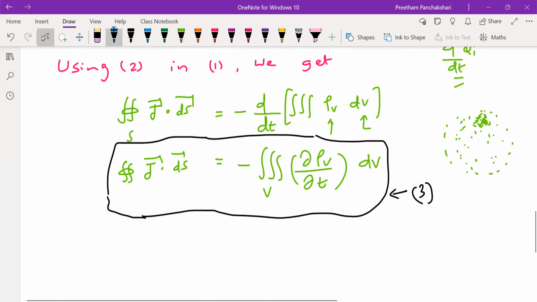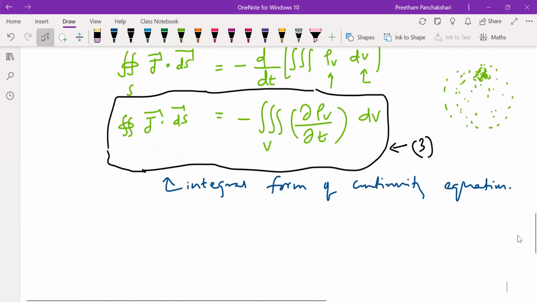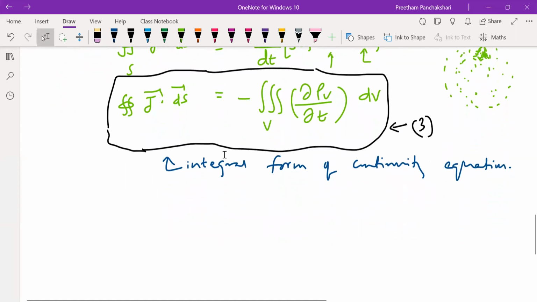This is a more meaningful integral form, because we have included complete space and time on both the sides. Integral form of continuity equation. This continuity equation is applicable to a closed surface enclosing some volume charge distribution.